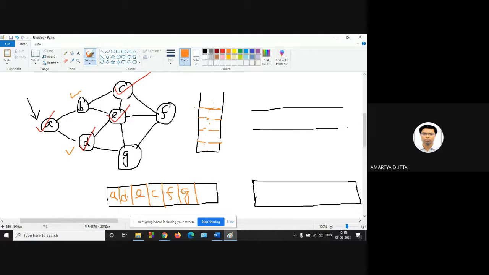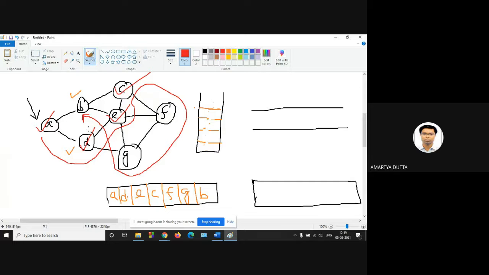So omit this B and write down B here. So what is the actual traversal? From A, next B, next E, next C, from C, F, then G, and the last element is B. So this is your depth first search traversal.